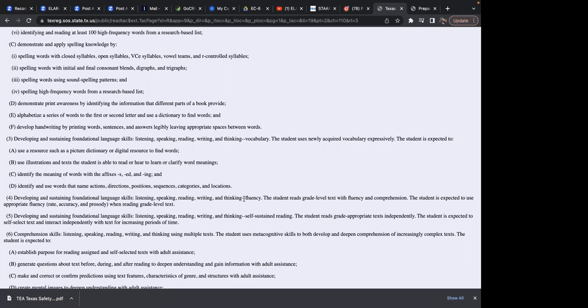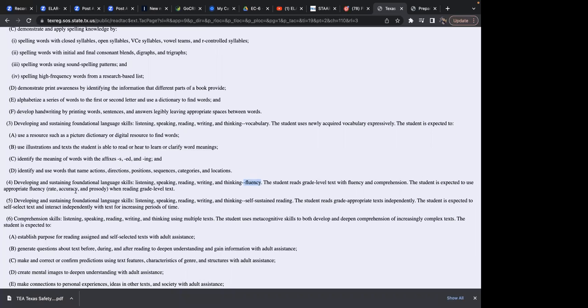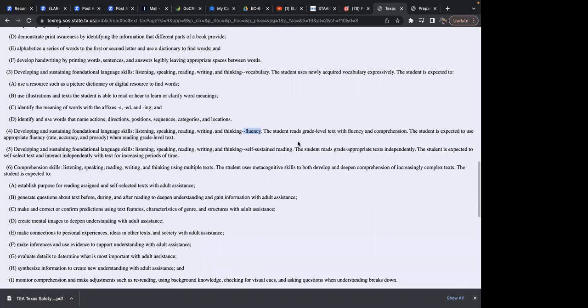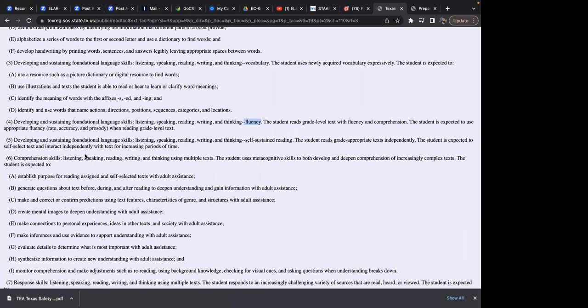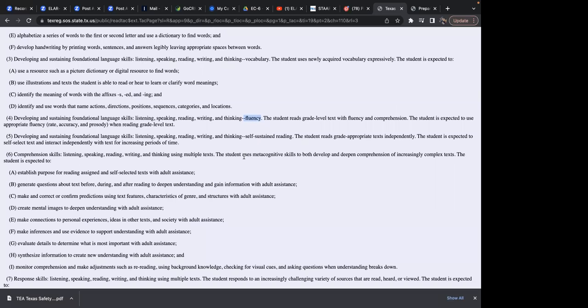So here's a way for fluency and grade level text. There's nothing specific, no independent, because we're here for metacognitive uses to develop and deepen comprehension.